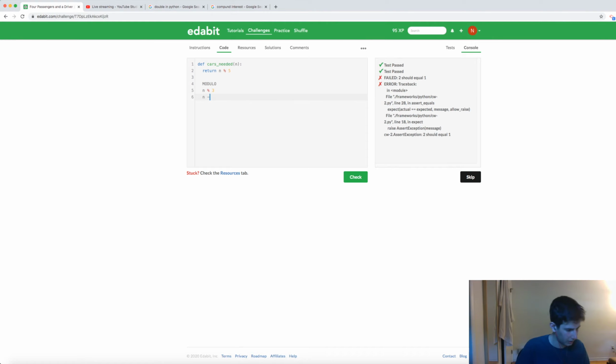But it's still giving us this error. So we have to find a little bit of a different approach. So n modulo 5 is going to return the remainder, but I think we need to use an if statement.